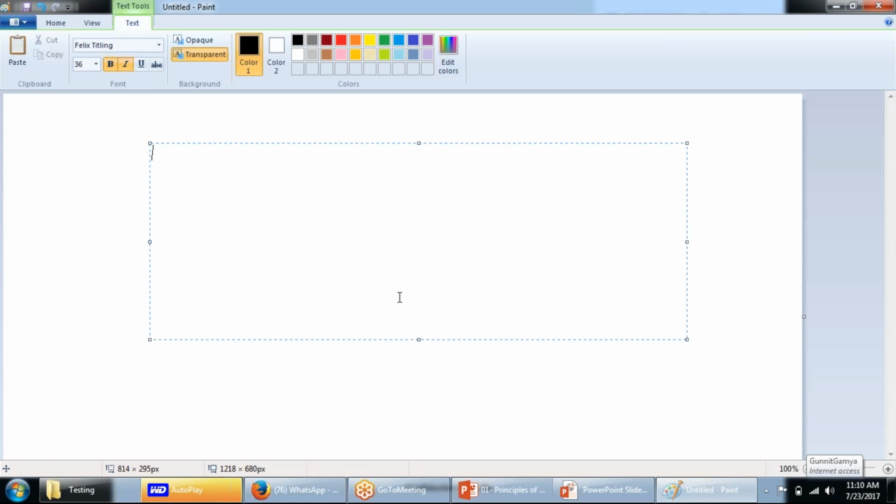Suppose there are two printers, printer 1 and printer 2. You need to test these two printers. So how many test cases will be there?